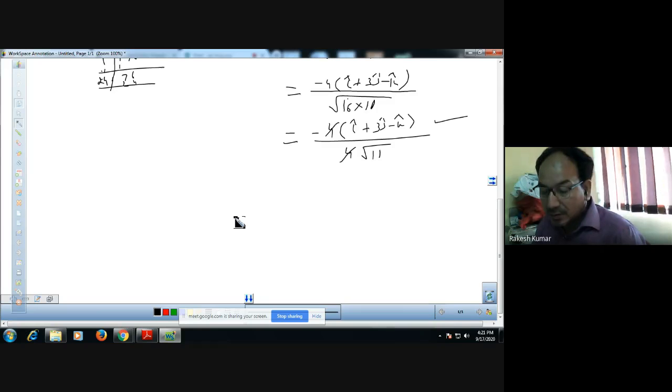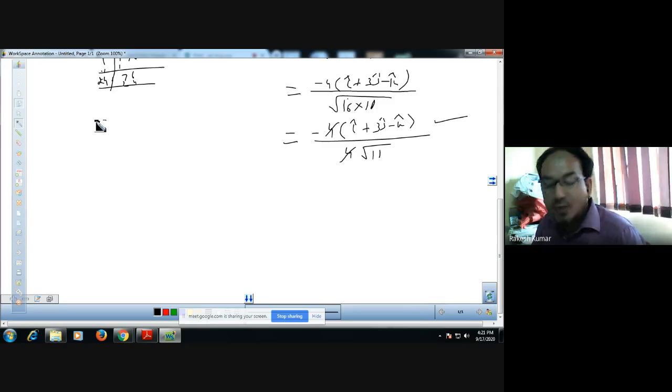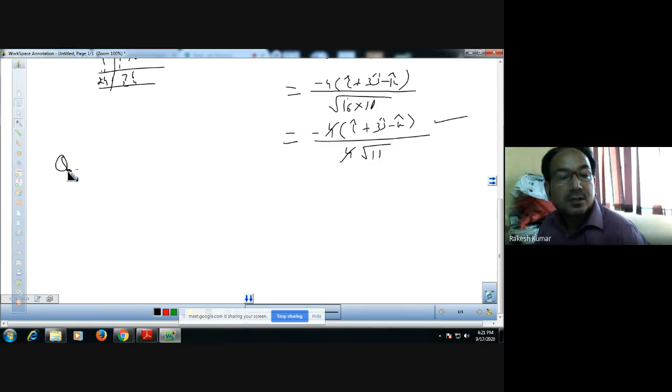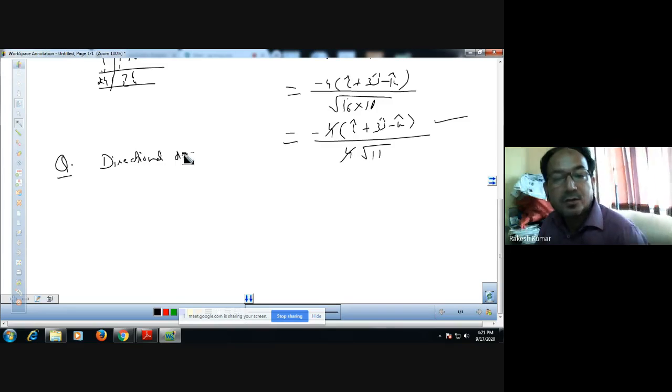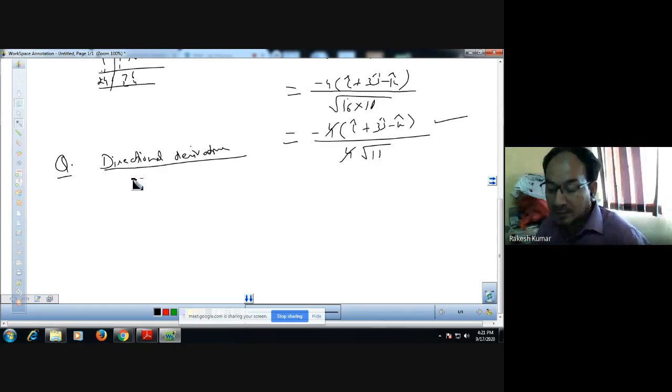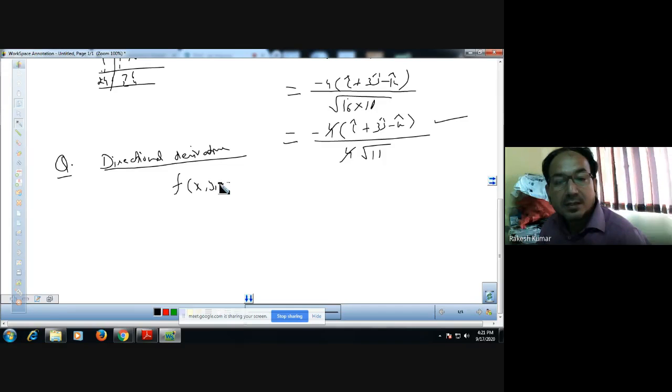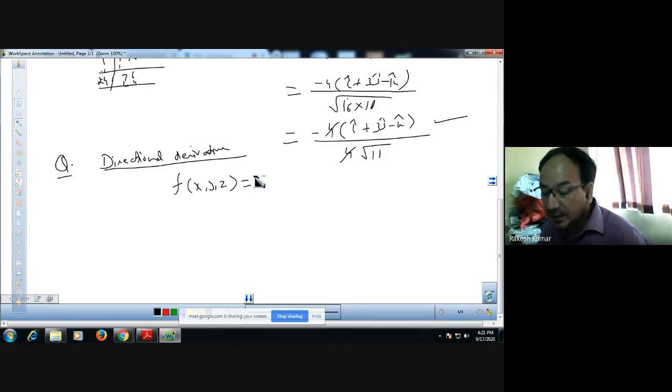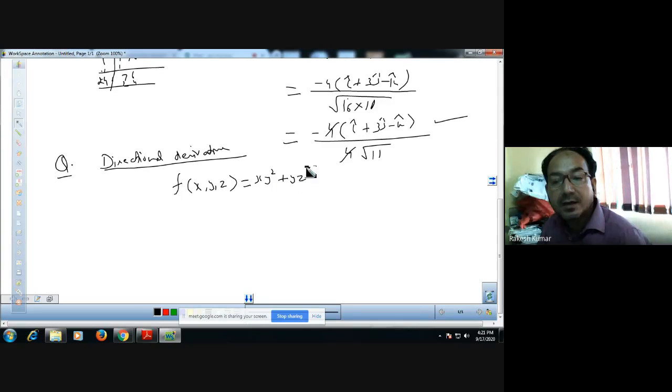Now we have one more question. The question is related to the directional derivative. This is also a very important question. This type of question comes again and again in the final exams. So we have the surface given to us. The surface is a function of x, y, z: x y square plus y z cube.